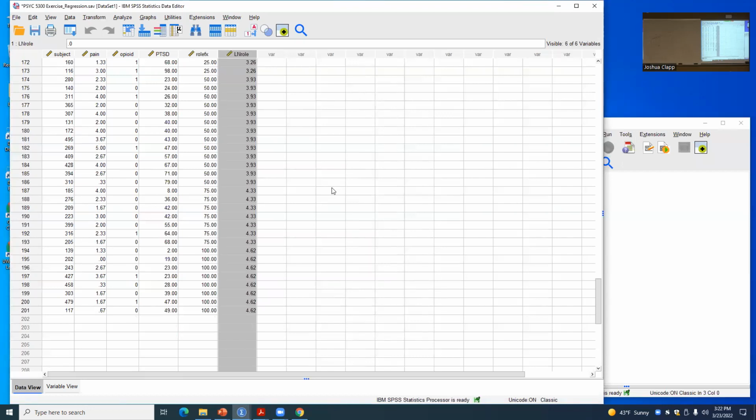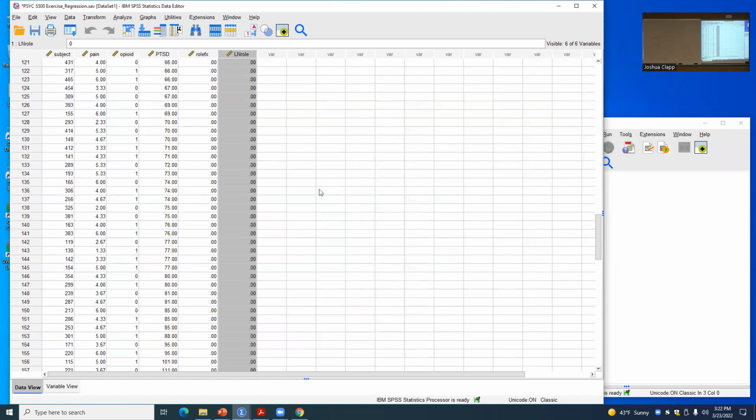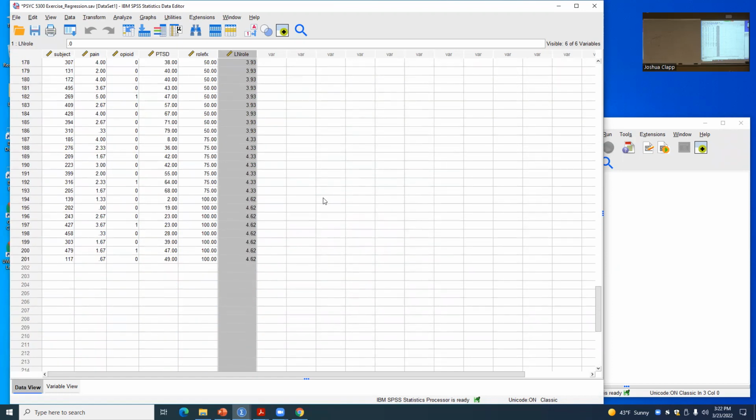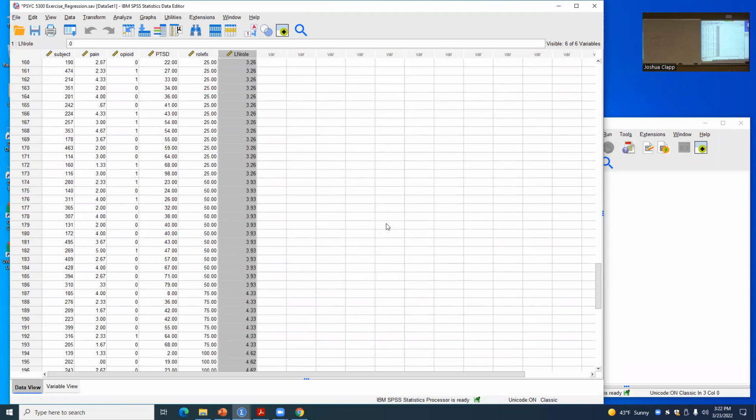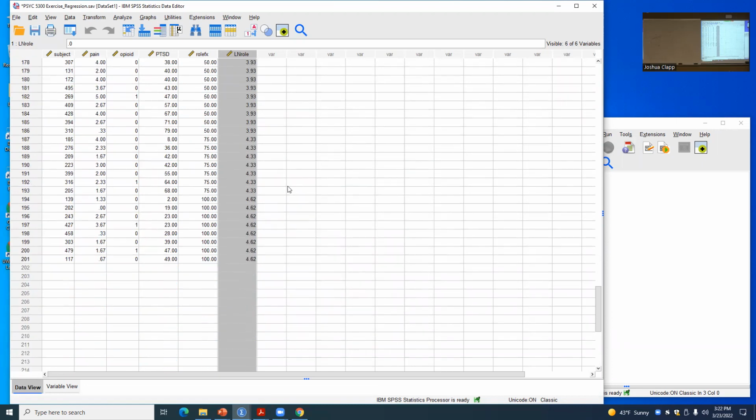So with any log transformation, my cases did run from 0 to 100. That's a pretty big space. When I run my natural log transform, I now have values ranging from 0 to 4.62.